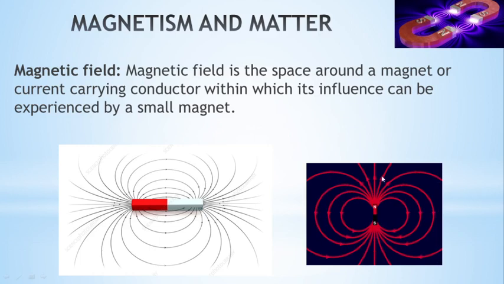These are the magnetic field lines. See here, the red lines. If you draw these types of lines, it indicates the magnetic field.